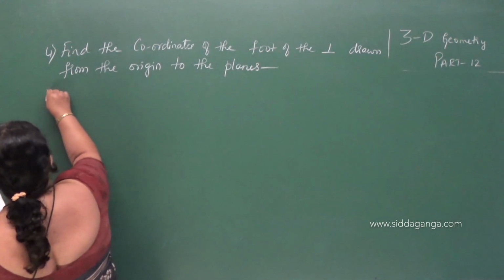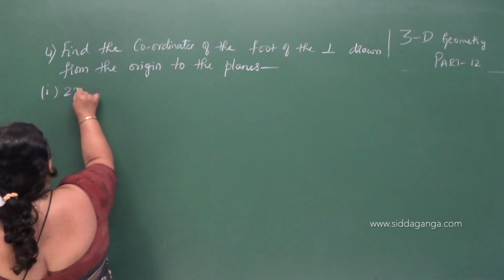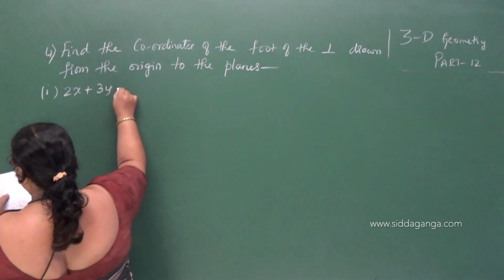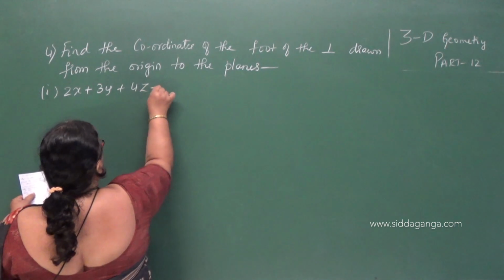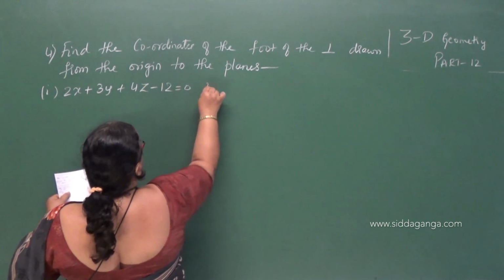The first question is 2x plus 3y plus 4z minus 12 equals 0.